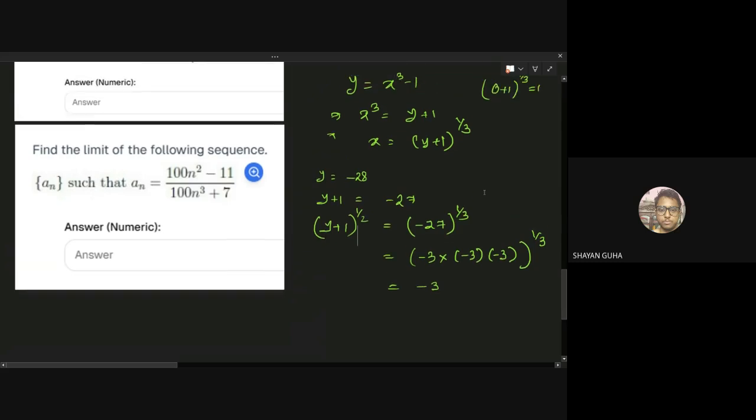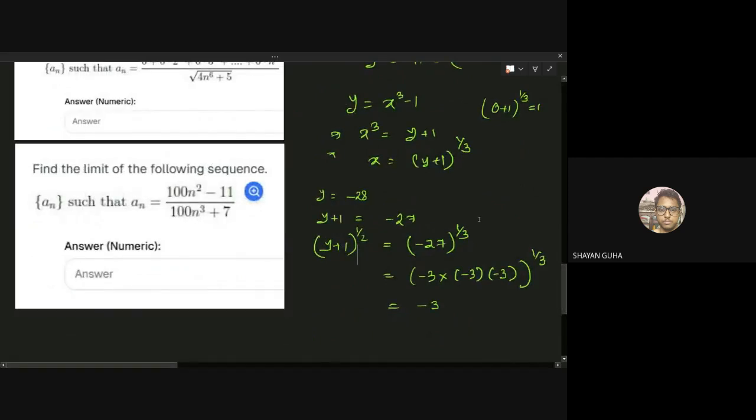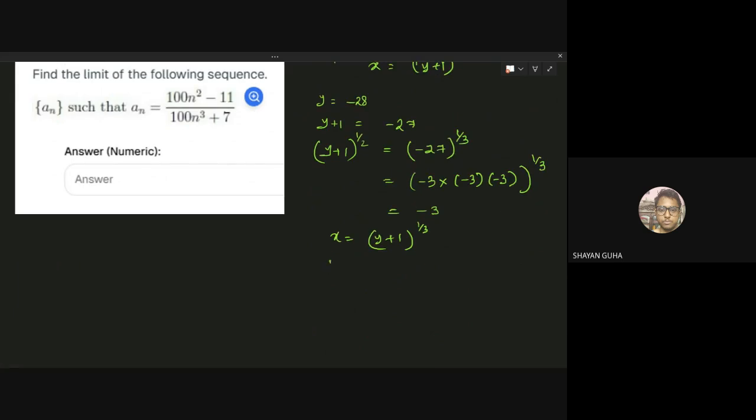Got it? So basically, we can't find any y for which the value of x is undefined. So in that way, we can say that the function is surjective, because for each and every y, if I pick, I can get an x which is nothing but (y plus 1) to the power 1 by 3, such that f of (y plus 1) to the power 1 by 3 will always give me y.